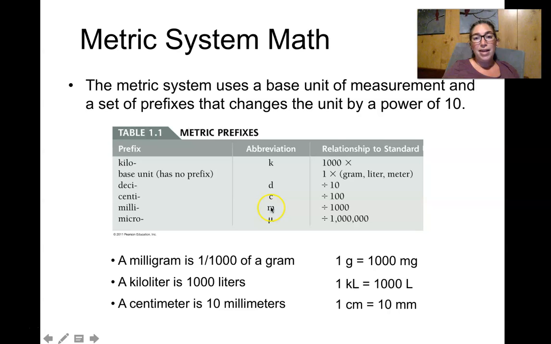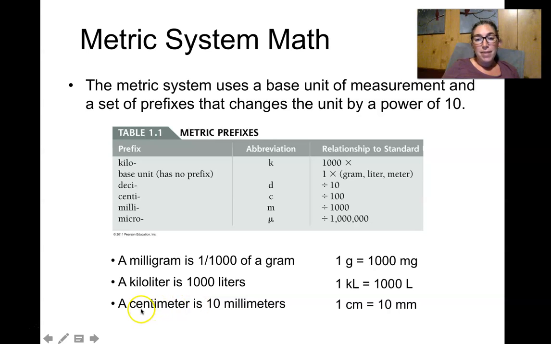Milli, on the other hand, is 1,000th. So a milligram is 1,000th of a gram. In other words, 1 gram is 1,000 milligrams. 1 kiloliter is 1,000 liters, because it literally means 1,000 liters.